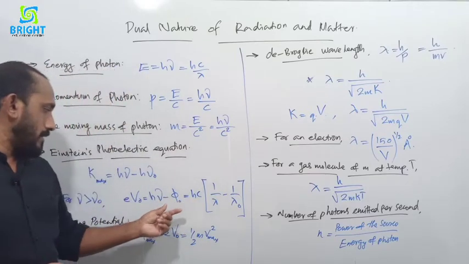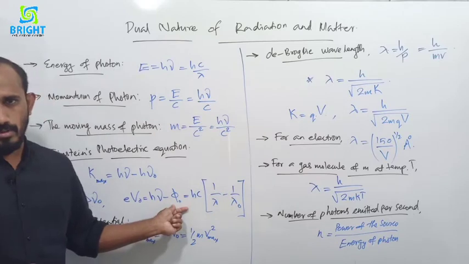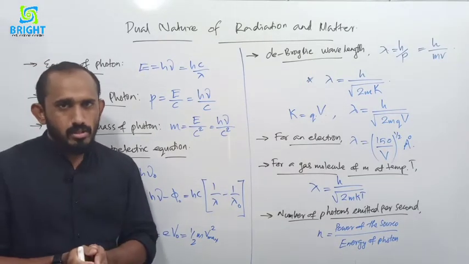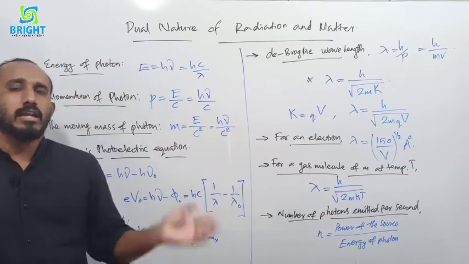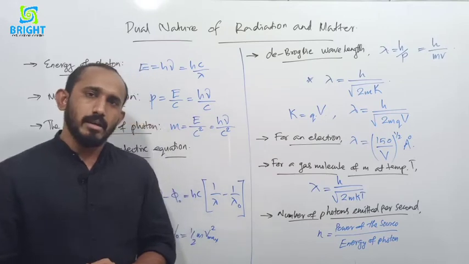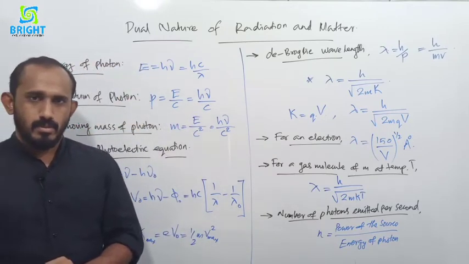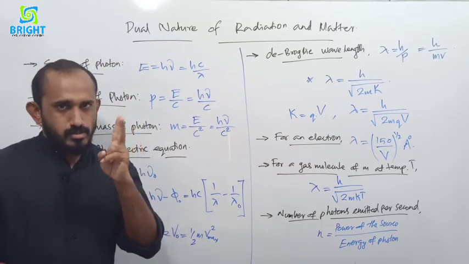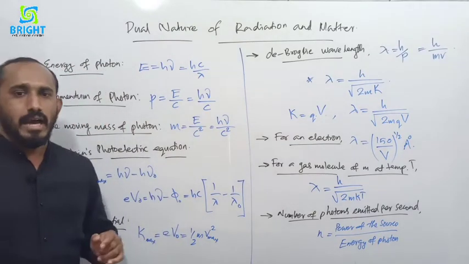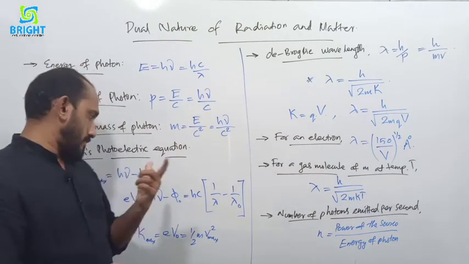We will represent the work function by the letter phi 0. So the minimum energy required to eject or liberate an electron out of the metal surface is termed the work function. Two terms: threshold frequency and work function. So nu 0 is the threshold frequency and h nu 0 is the work function.